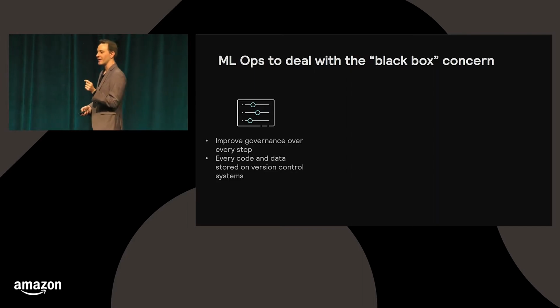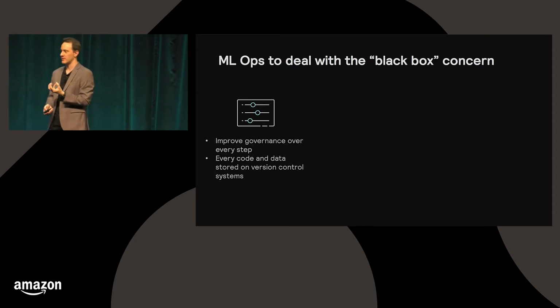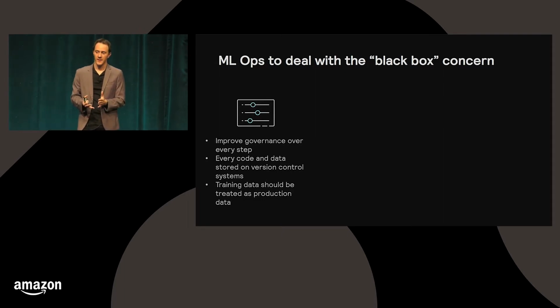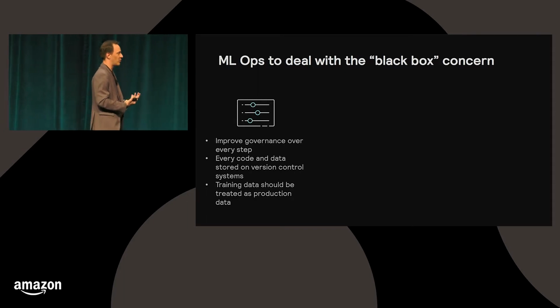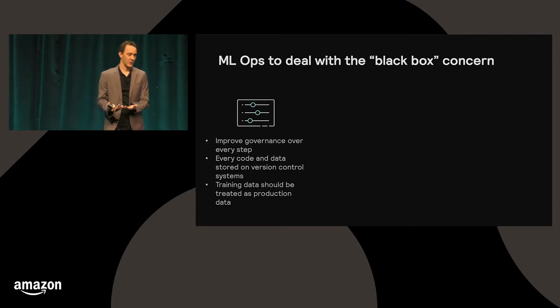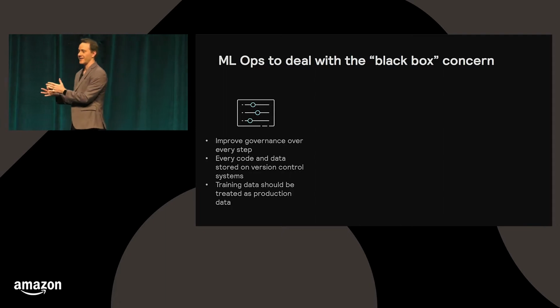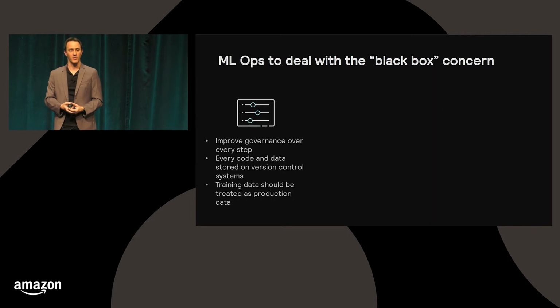Why? They are going to dictate how these models are going to perform in production, so they should be treated properly. Training data should be treated as production data, especially if it comes from production, so if it's real data, not synthetic data, it should be treated as well as the production data with the highest level of security. It should be properly stored, because this is the training data that's going to dictate, again with the parameters, how this algorithm is going to perform in production.